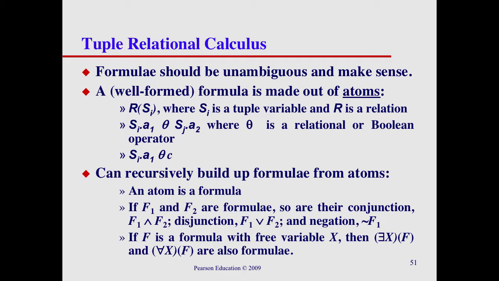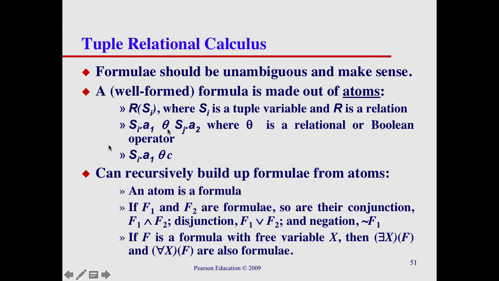So now we come to how do we express our predicates, which are called formula. A well-formed formula is one made out of atoms. An atom is either a tuple variable. So this says Si is a tuple variable that ranges over R, so that's an atom.